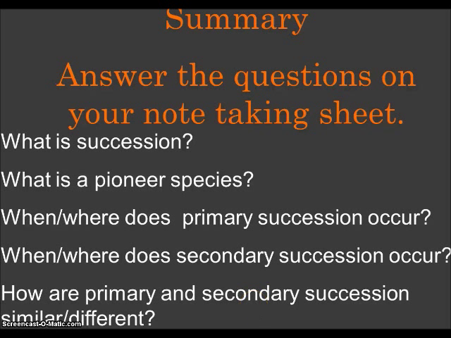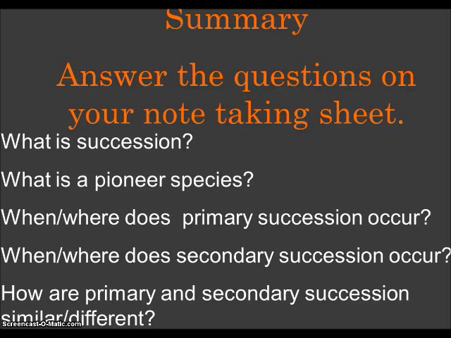Okay, next up, summarizing. When and where does primary succession occur or take place? And then, when or where does secondary succession occur? And then lastly, to summarize your wonderful learning, how are primary and secondary succession similar and how are they different? It's important to do both similarities and differences. Some of us can do one better than the other, but we want to do both.